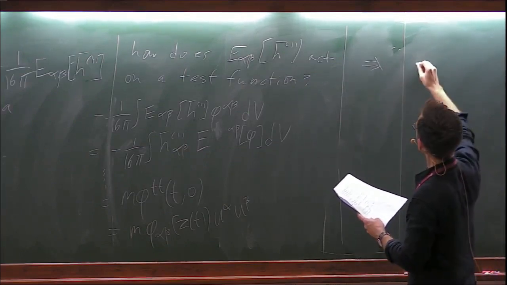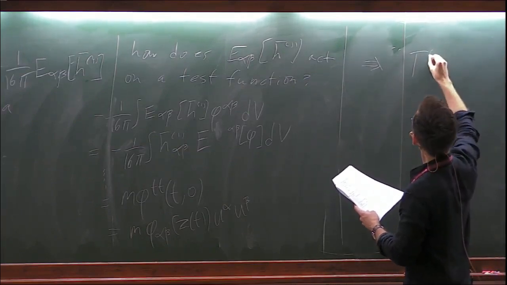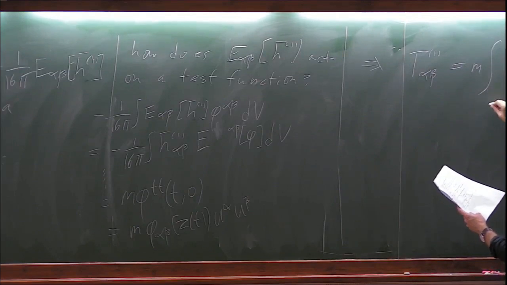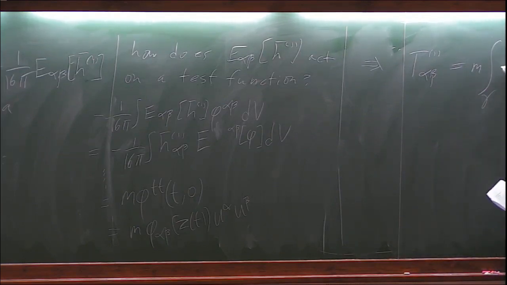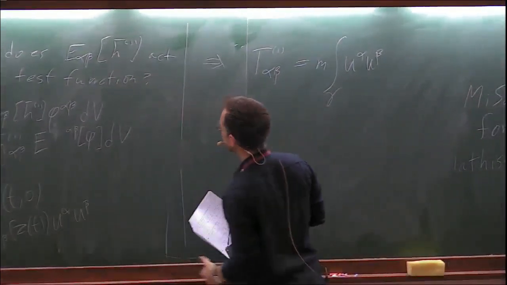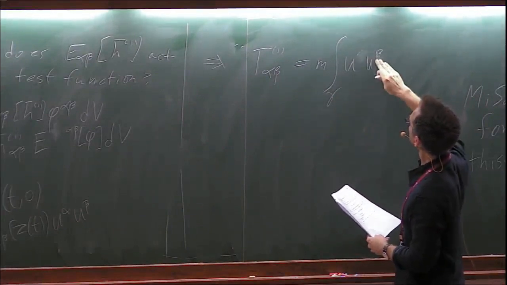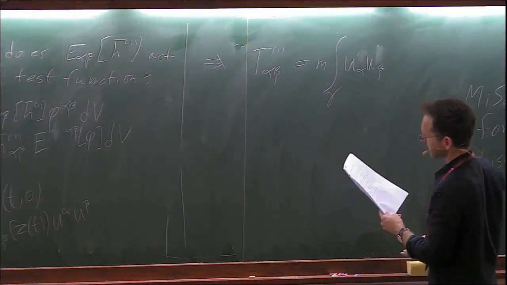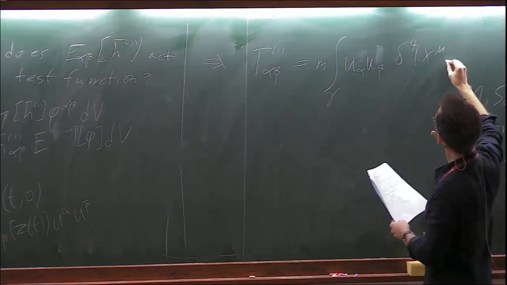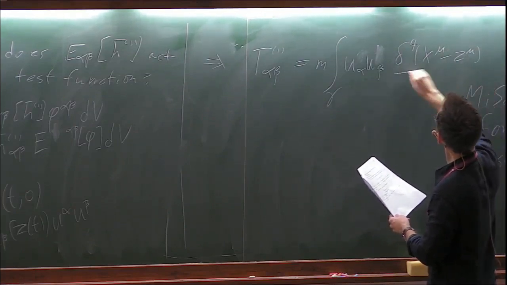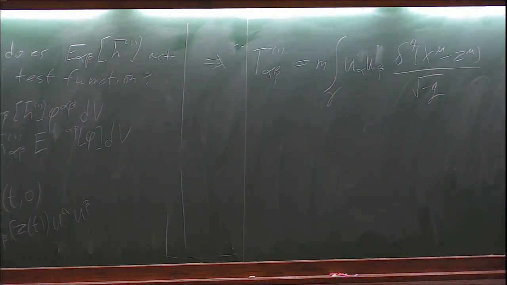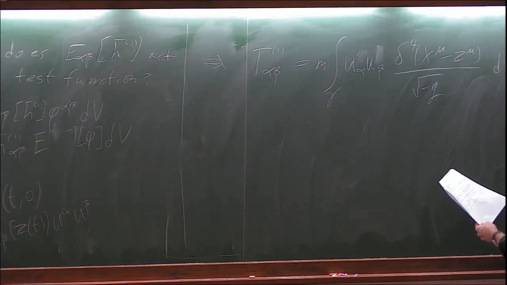Okay, so this is exactly what you'd get if you put in a delta function moving on the world line gamma, u alpha, u beta. So this u alpha, u beta is the same as this u alpha, u beta, except I've got indices in different places, times this delta function that we talked about earlier, square root minus g, d tau.